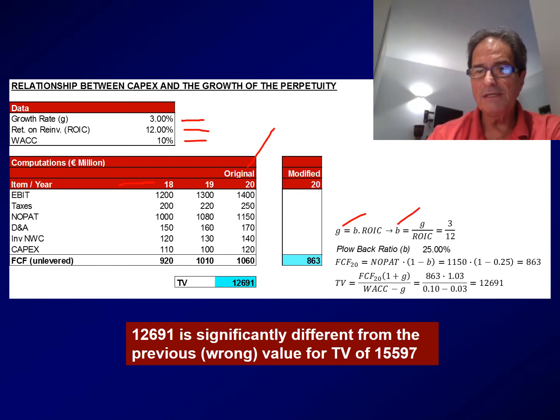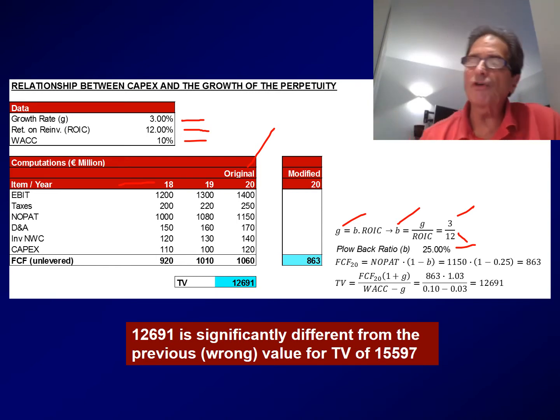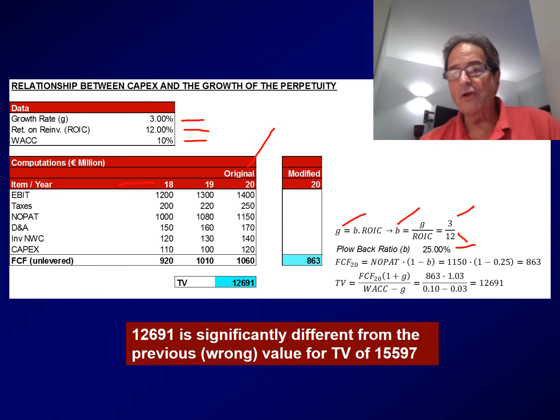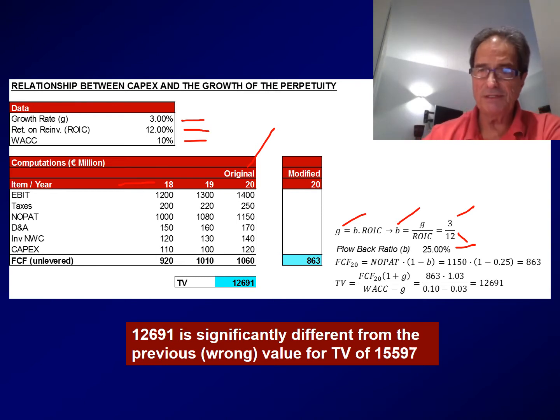So B is equal to G divided by ROIC. In our case, given that G is 3% and ROIC is 12%, the plowback ratio will be 25%, 3 divided by 12. So the proportion of NOPAT that we must reinvest must be 25% in order to achieve this growth rate of 3%, assuming a return on invested capital of 12%.